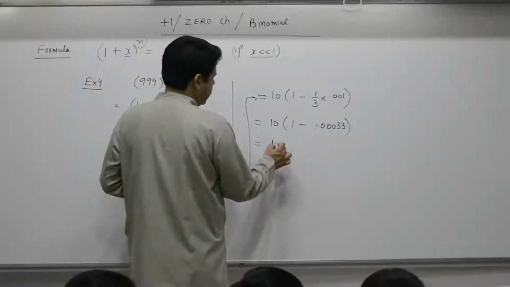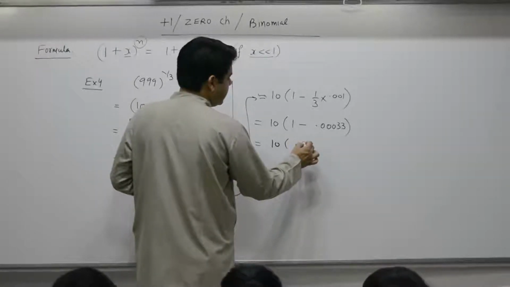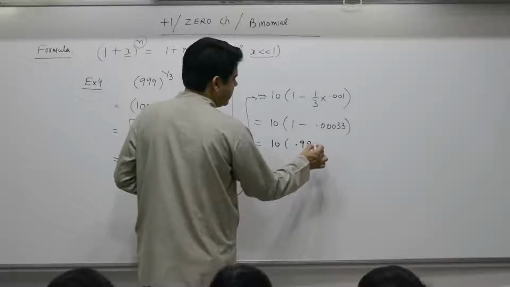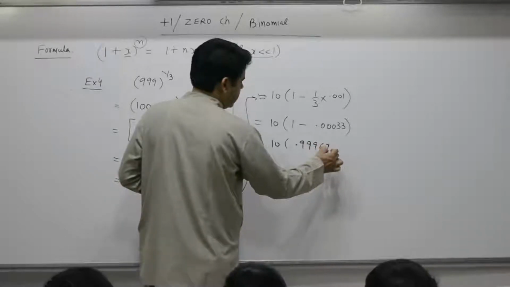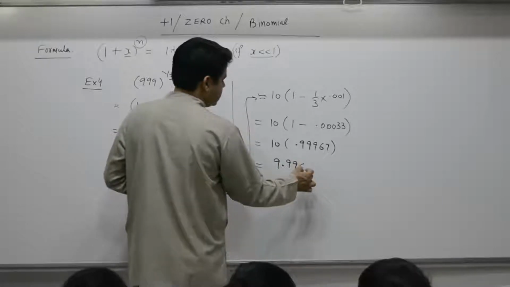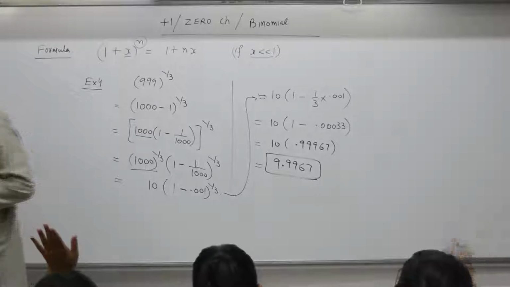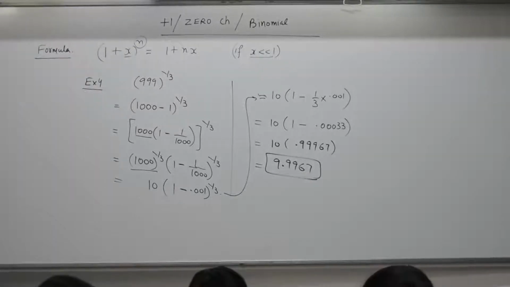The result, this is 10 into, this value is 0.99. So what you get is 9.9967. How many of you are getting the same answer? Book refer नहीं करना please. The answer is 9.9967. Same.